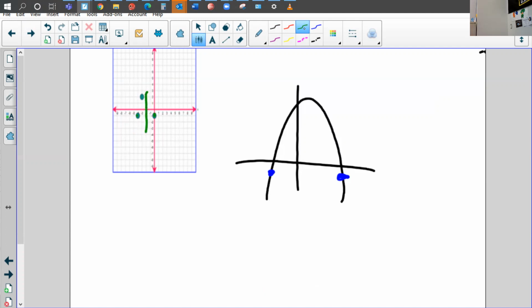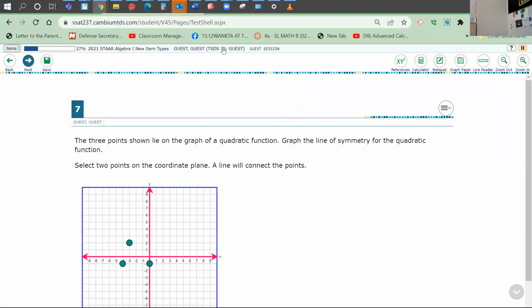So that's where the axis of symmetry is. If I go back to my graph now, the axis of symmetry is going to cross the x-axis at -2. I've got to put 2 dots to get a line. It could be there, or anywhere, as long as they're on the same vertical line, it gives you that straight line right there. And that's the axis of symmetry, x equals -2.